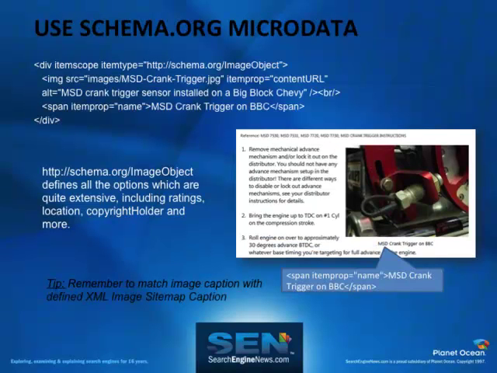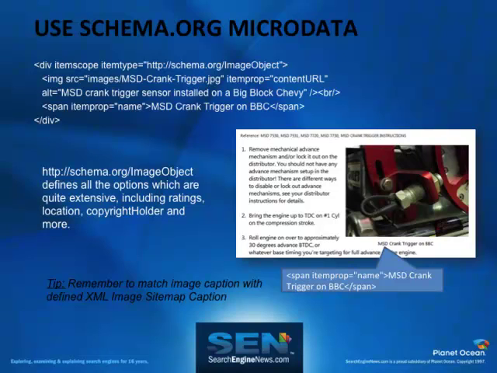You can also use, and we talked about this before, schema.org microdata for your images. This is an example that we're using for this presentation of how you would mark up an actual image using schema.org. You don't need any other content on the page other than the image object. I believe we have an item as web page for this.